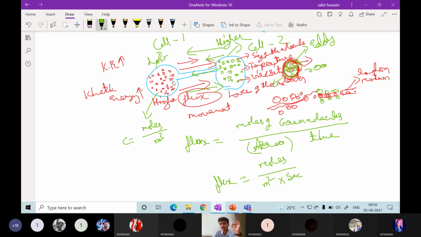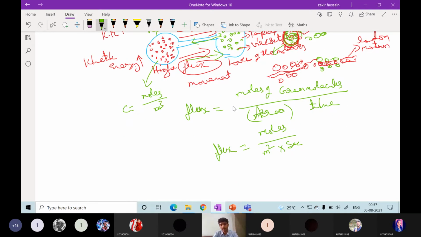Whenever there is a movement of molecules from one region to another, or one cell to another, or one vessel to another, the moles of molecules traveling per unit area per unit time is called flux. This is the definition of flux.